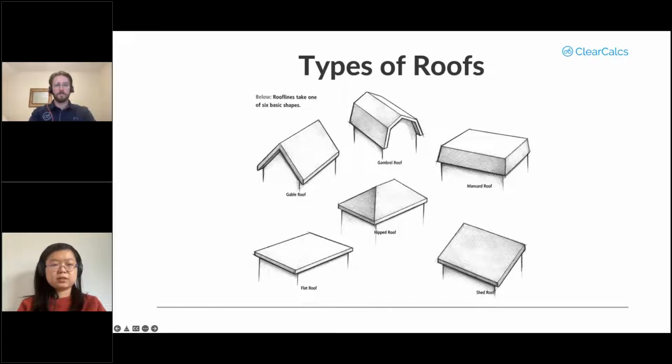The chances are, if you've designed a house, you've seen most of these roof types. And in ClearCalcs, we have presets for the hip roof and the gable roof and the flat roof. And so we'll go through an example on how to do that later on.